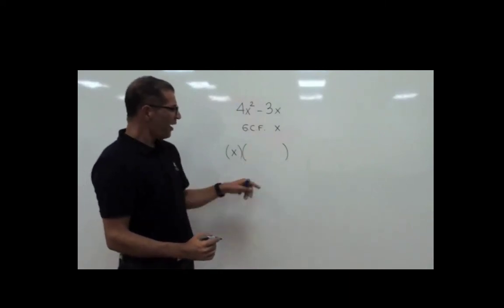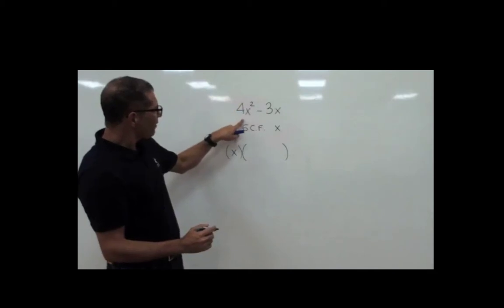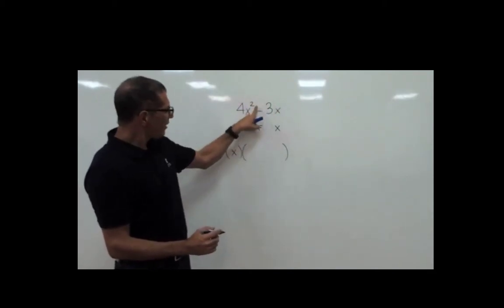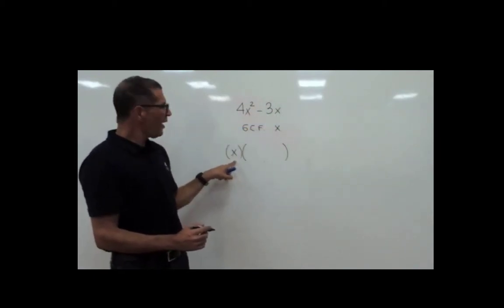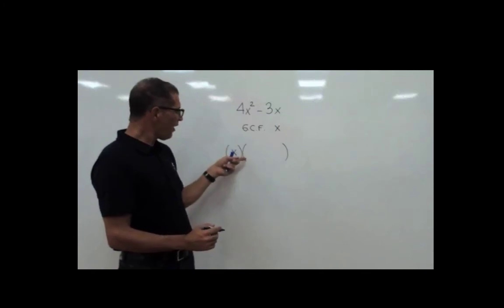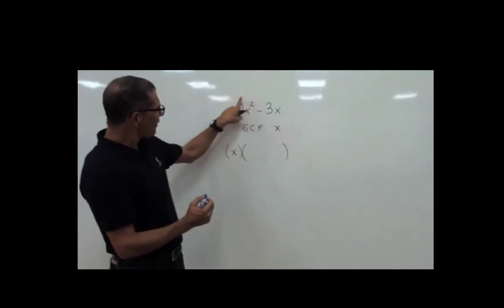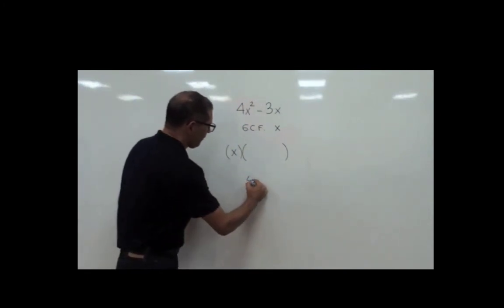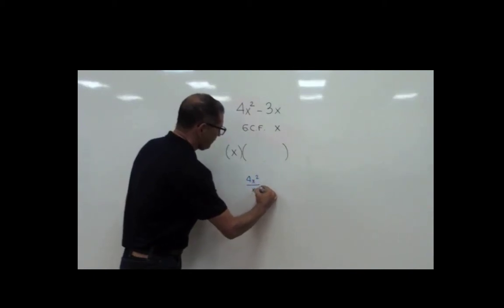What goes inside? We find what goes inside by dividing the first term by this factor, and the second term by this factor. We can either use mental math to divide, or perform the division over here. Let me divide 4x squared by x first. 4x squared divided by x equals 4x.